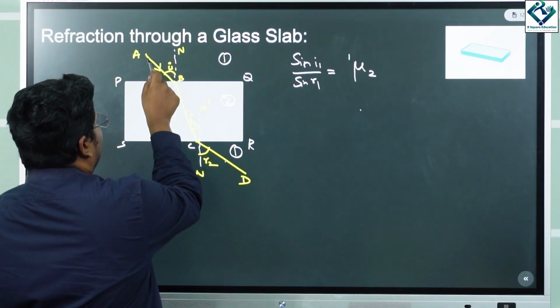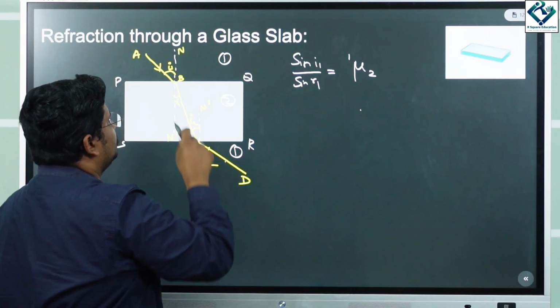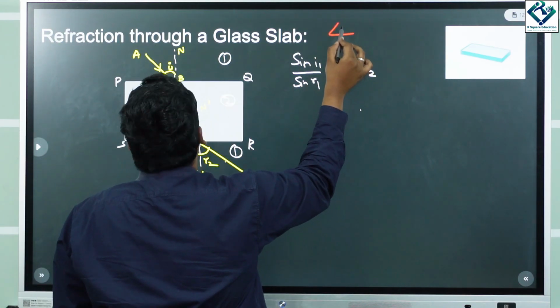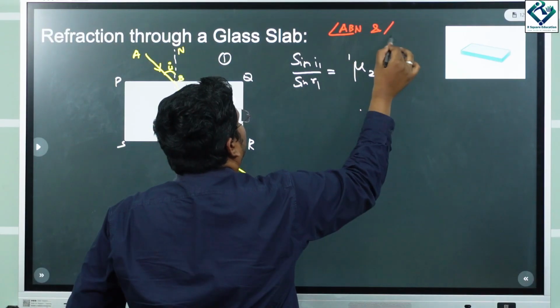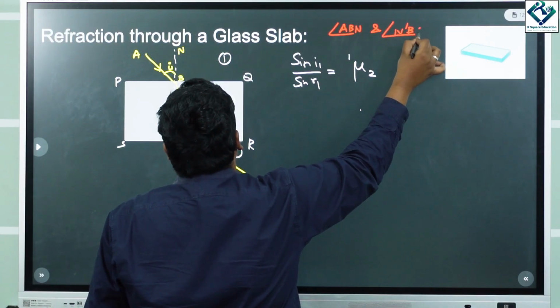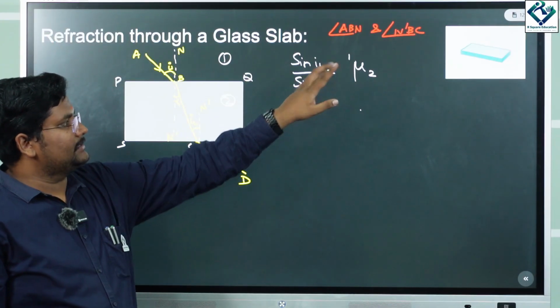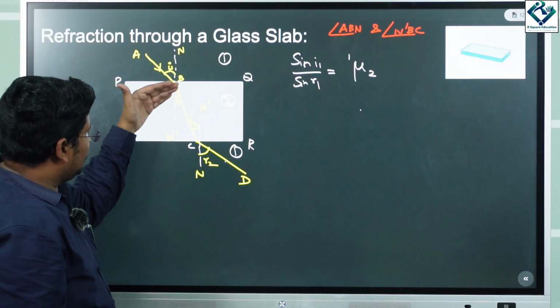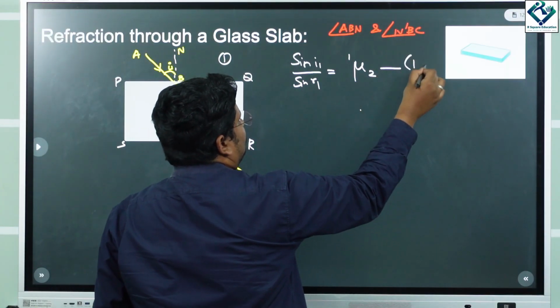This is when you consider angle ABN and angle N dash BC. Let me consider this as the first equation.